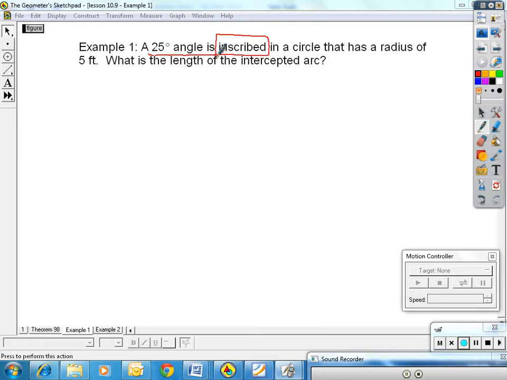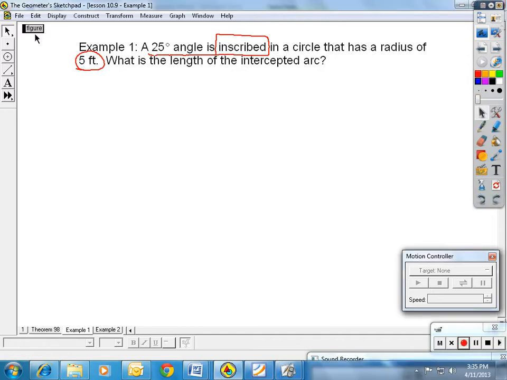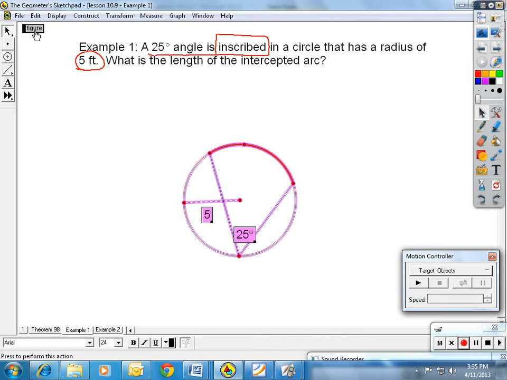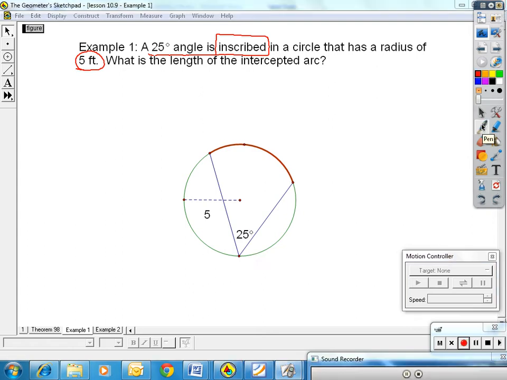So picture an inscribed angle, and the radius of the circle is 5 feet. Try to picture that figure, and that figure is going to look like this. So there's my inscribed angle of 25 degrees and my radius of 5 feet. Okay, so to calculate the arc length, that's what I wish to do.